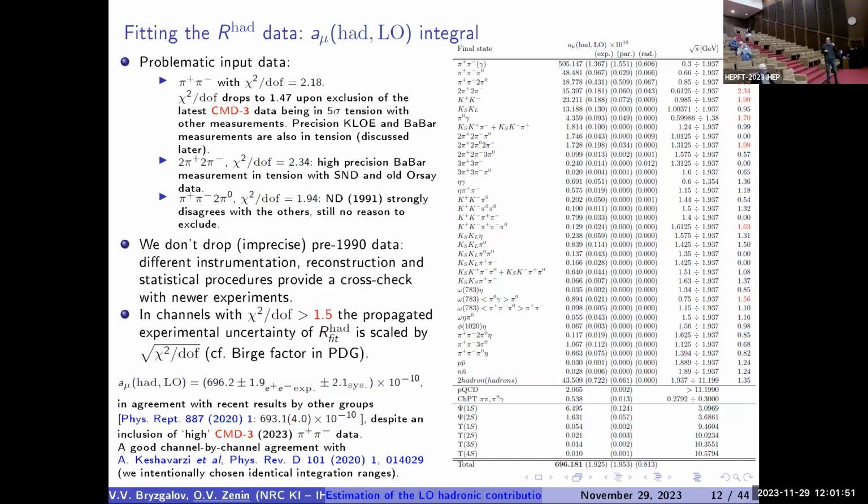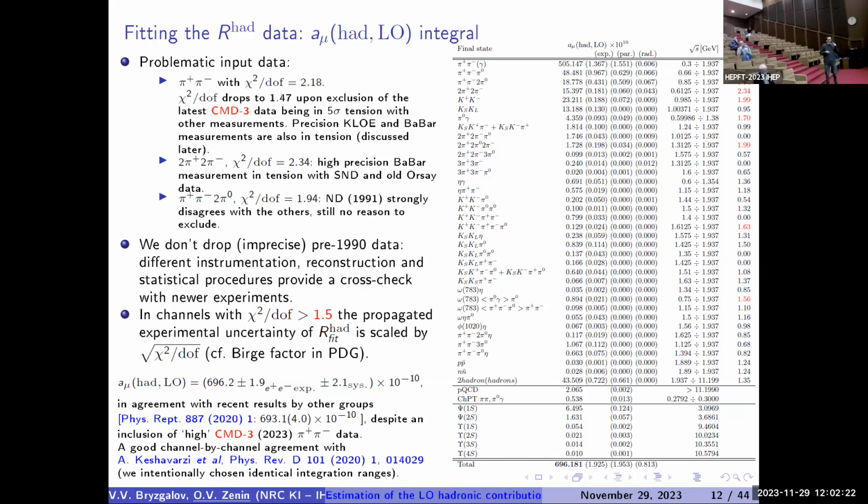Recently, in 2020, several estimates made by the same method were averaged by the Muon g-2 Theory Initiative group. So this is their value with the total error shown here, which is comparable to ours. We see here that even though we included some new data, the results are quite consistent.